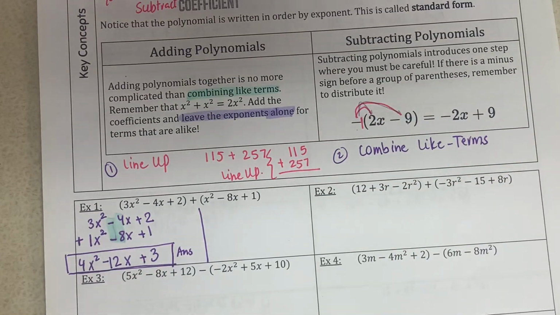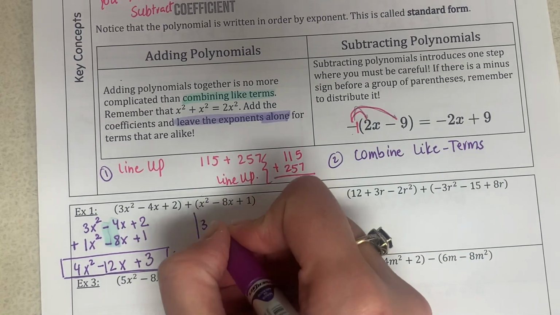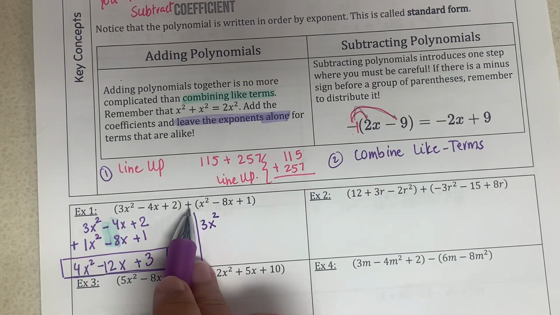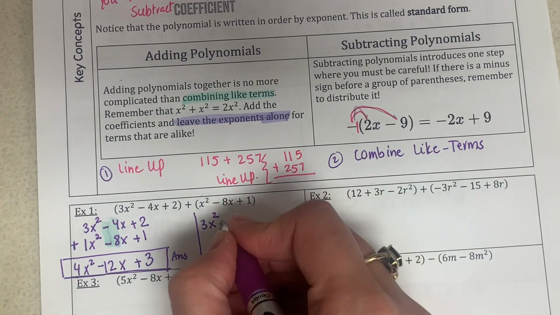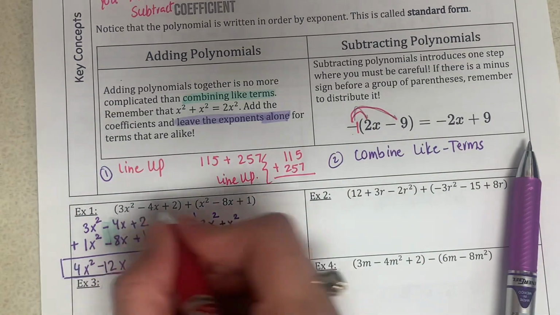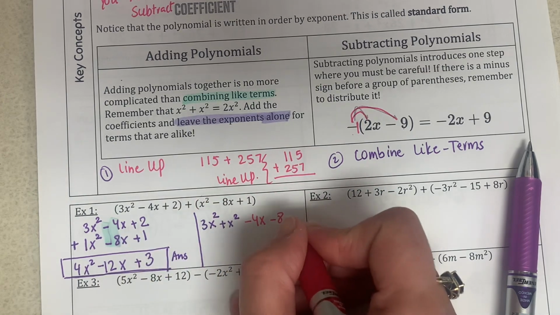So this is the line up method, but we do not technically do this when we are in algebra. You combine the like terms. So you have 3x squared. I have a positive x squared, so I'm going to bring the positive x squared near to it. Then I have negative 4x. And then I have negative 8x.